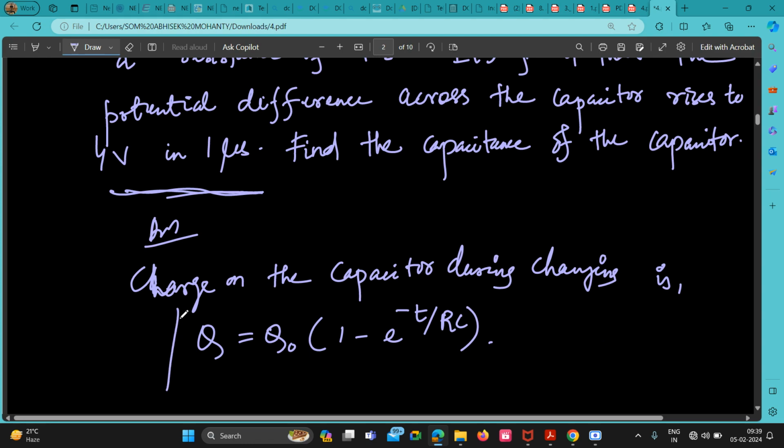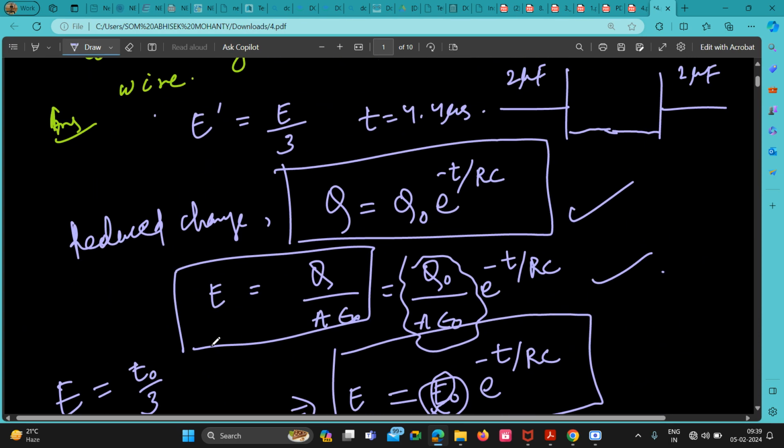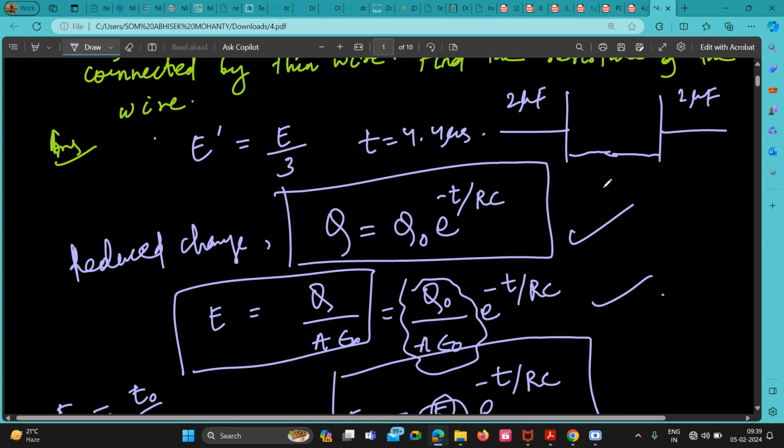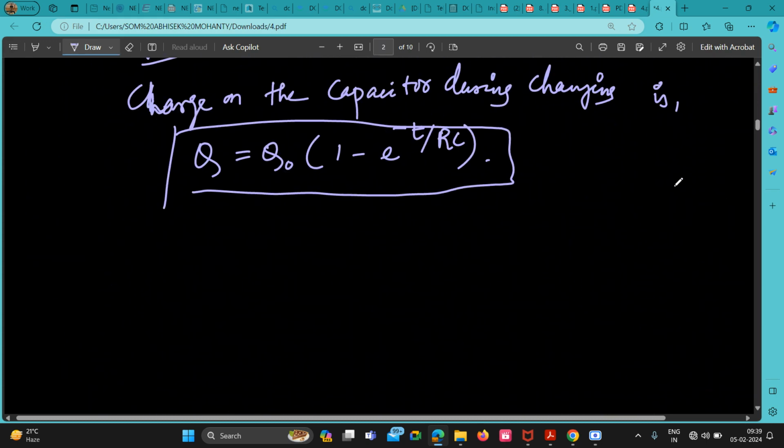Remember this formula. The previous question was discharging, where Q is equal to Q naught e to the power minus t by RC.